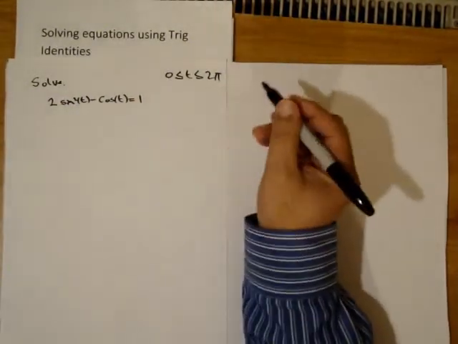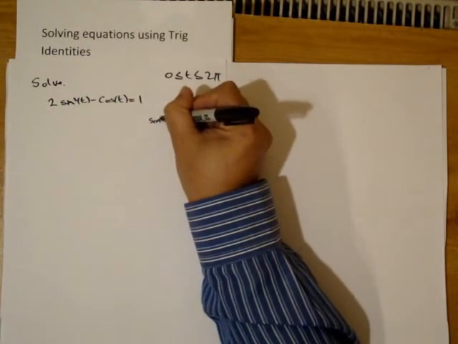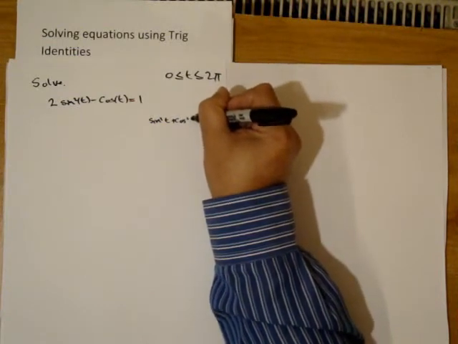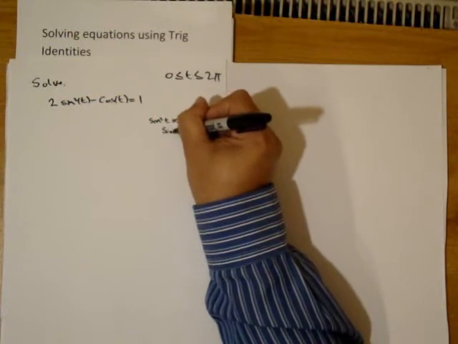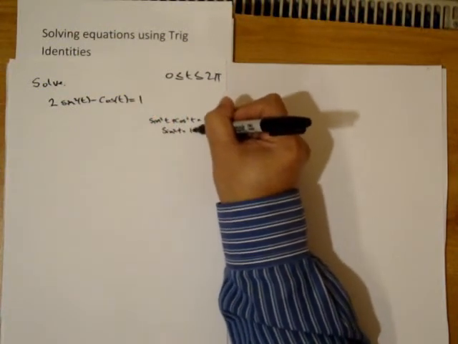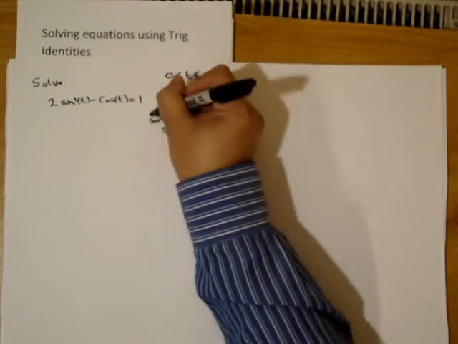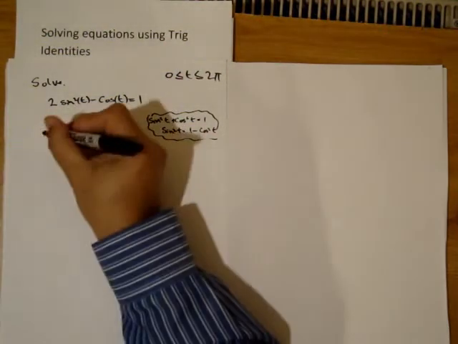We can use our identity, sine squared t plus cos squared t equals 1. So sine squared t equals 1 minus cos squared t. That's our little identity we're going to use here, where we've got sine squared t.